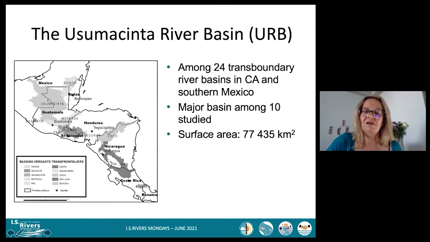Usumacinta is the biggest in terms of surface area. It covers more than 77,000 square kilometers, and it's shared between southern Mexico, Guatemala, and a very tiny part of the river basin is located in Belize.